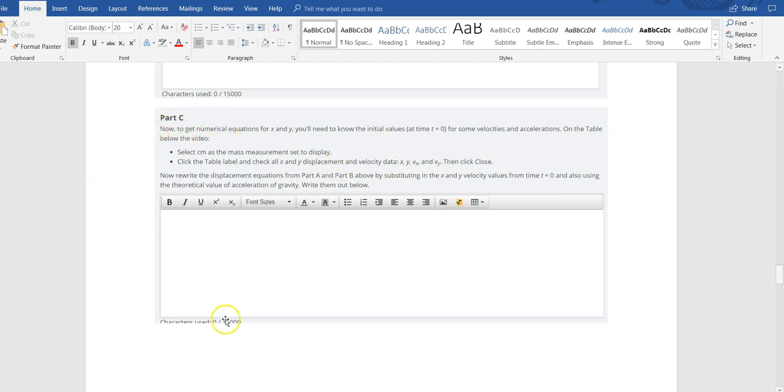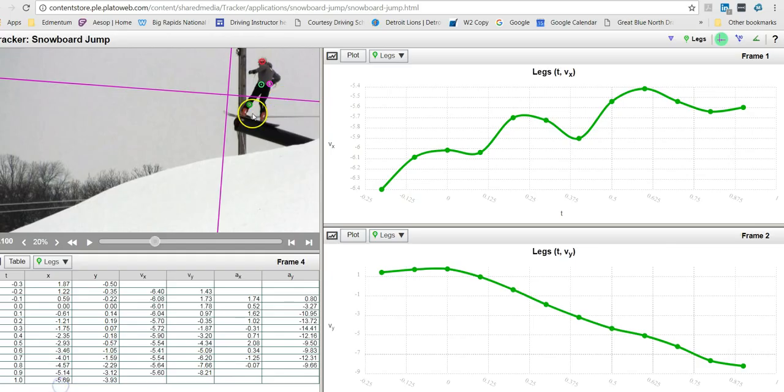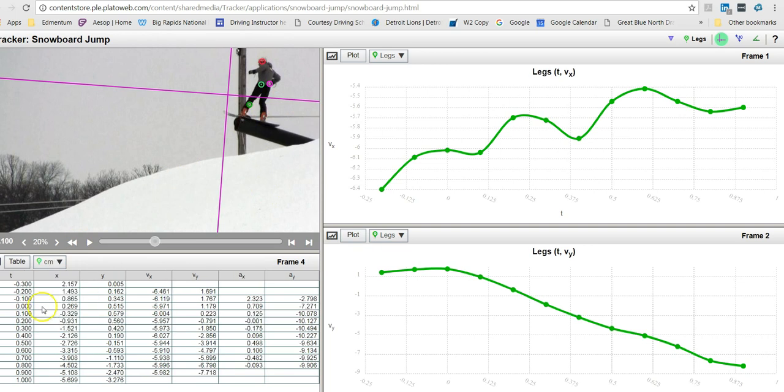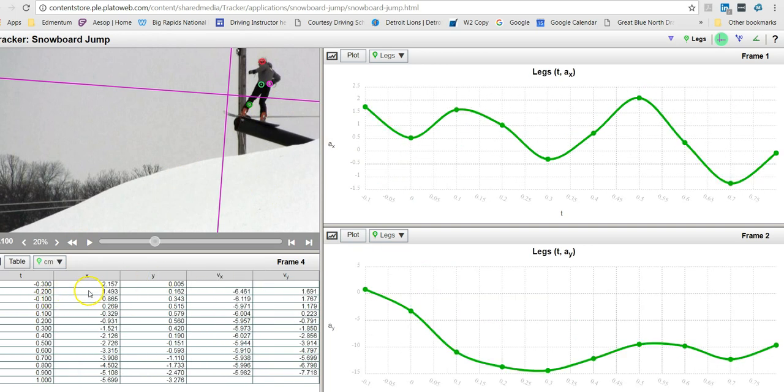Okay, let's go to the video again. Here, click this, we want centimeters. I kept saying X and Y, but for the equation you're actually going to want these values, negative 5.971, because if you look at the equation, it wants the velocity, not the X, Y positions.